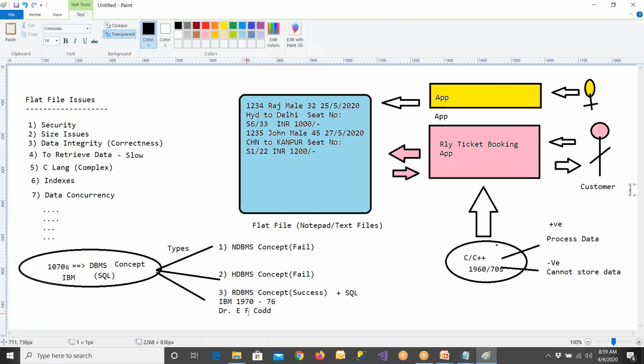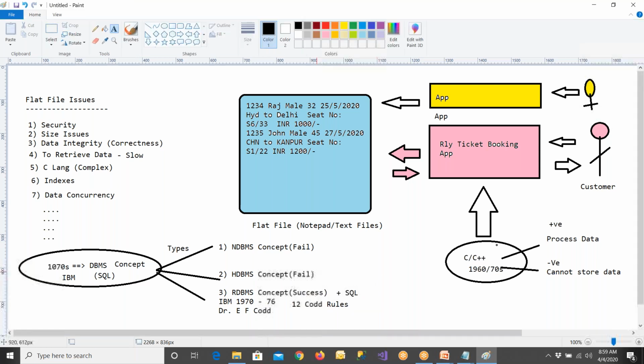This fellow invented 12 Codd rules, 12 principles. What are the principles? RDBMS software has to have the SQL language implemented, not the C language.